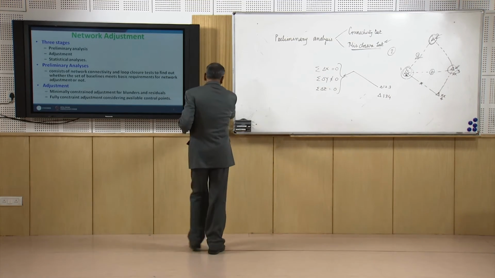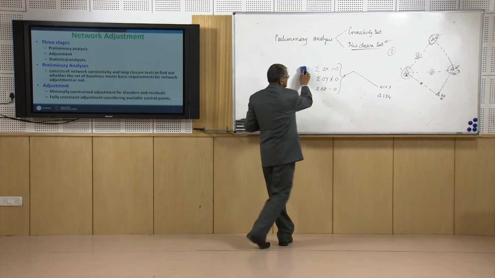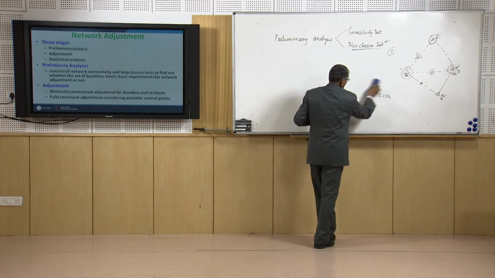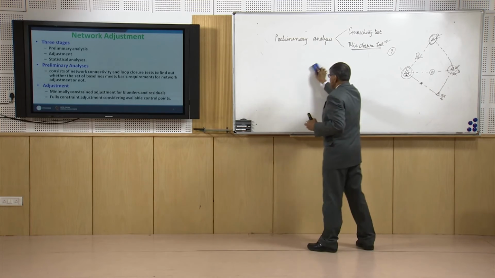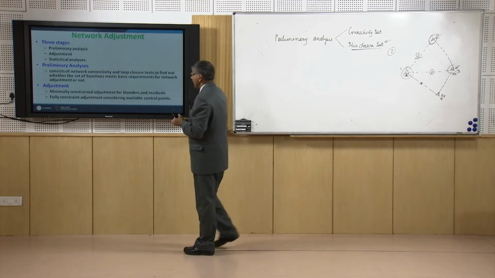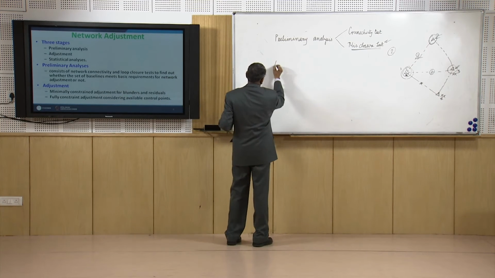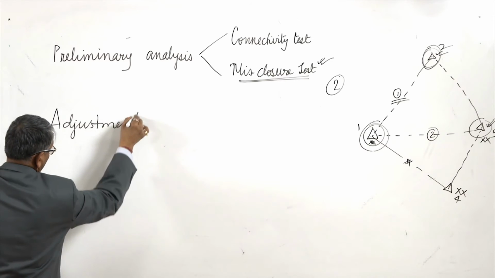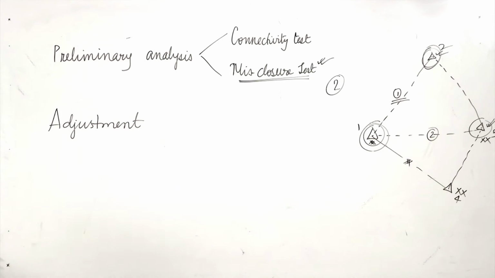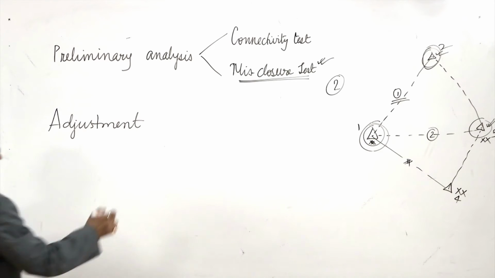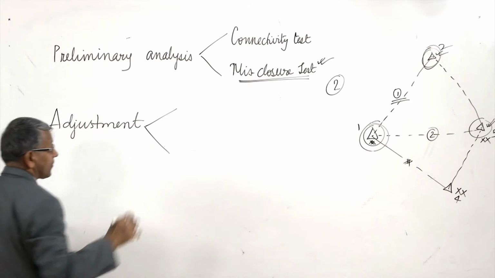So once the preliminary analysis is successfully done for the network and its data, then we should go for the next part, that is called adjustment. Now network adjustment is also done in two steps.